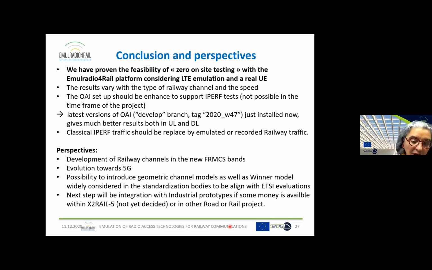And we hope that it will be possible to have the integration with industry that we were not able to do due to COVID for the LTE part, because Radiolab will present the success on the satellite part. So thank you for your attention.